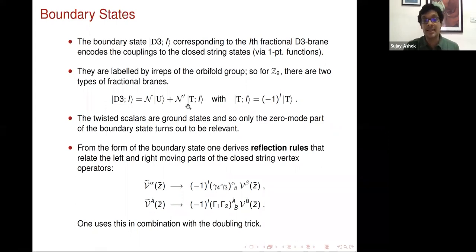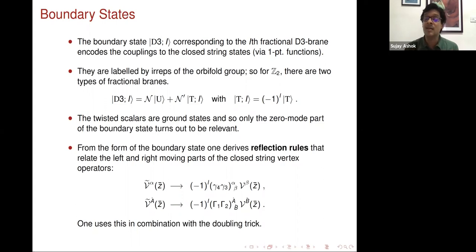We are interested in this part of the boundary state. In fact, our excitations are just the spin fields, just the ground states. So all we really need is the ground state part of the boundary state.